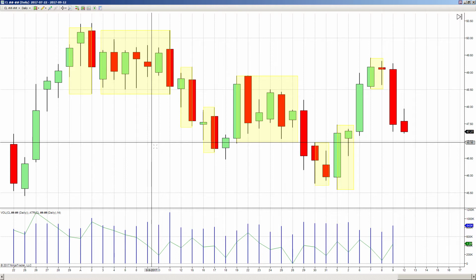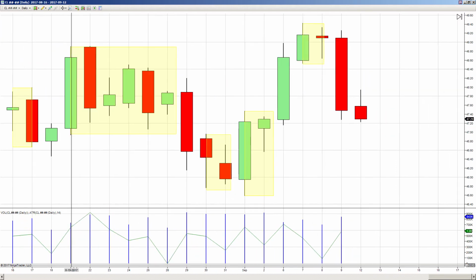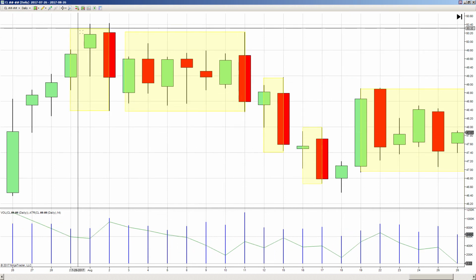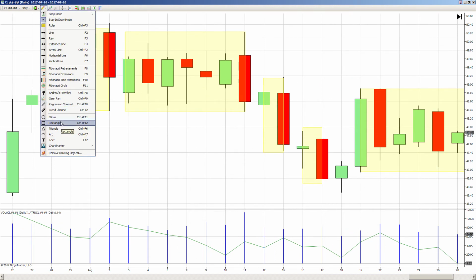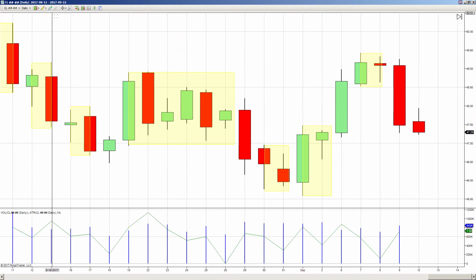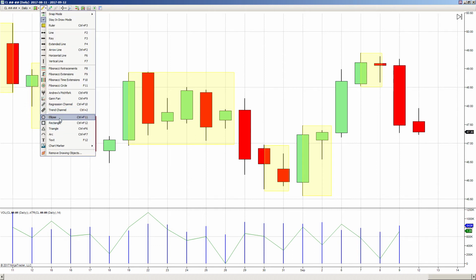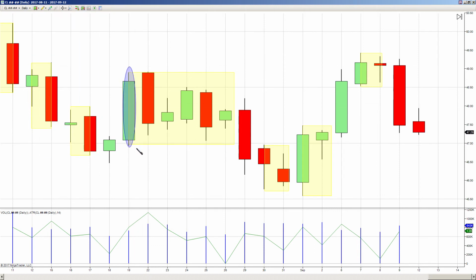If something huge was able to happen within one day, a large price movement was able to happen within one day, well, then that one day, its high and its low will be quite significant. So if we're looking at this green candlestick, its high and low was fairly decent.